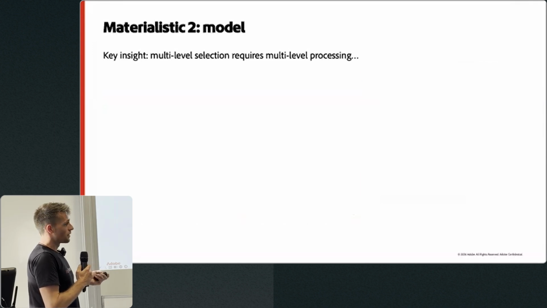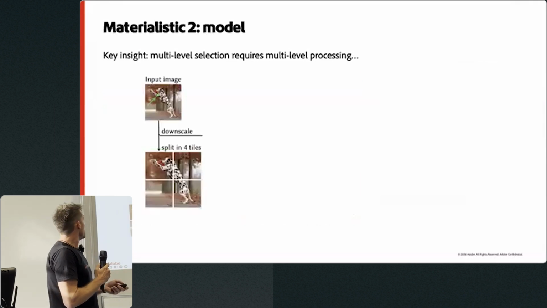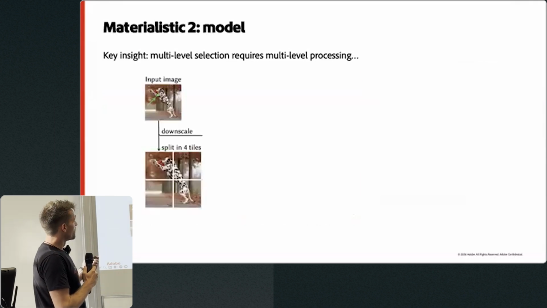Now, I said I'm not going to go too much into the architectural details, so this is going to be very high level. If you want multi-level reasoning, multi-level selection, you of course need multi-level processing. So we reused the architecture from Materialistic 1, embedding into DINO features, projections, and so on. But now we do it on, first of all, the entire image to get the global context, but then also on four different tiles of this image to have more resolution for each image.